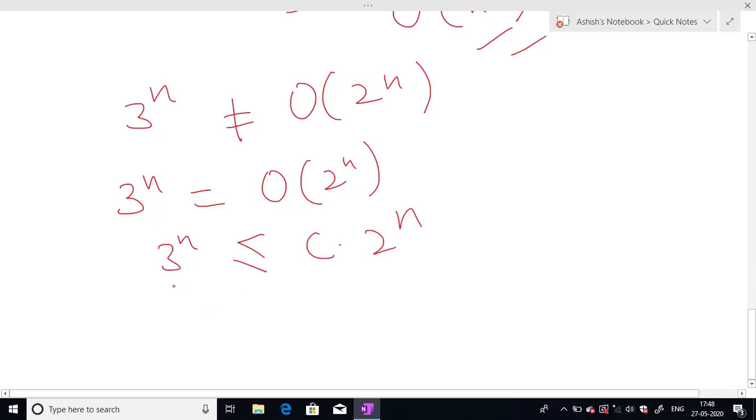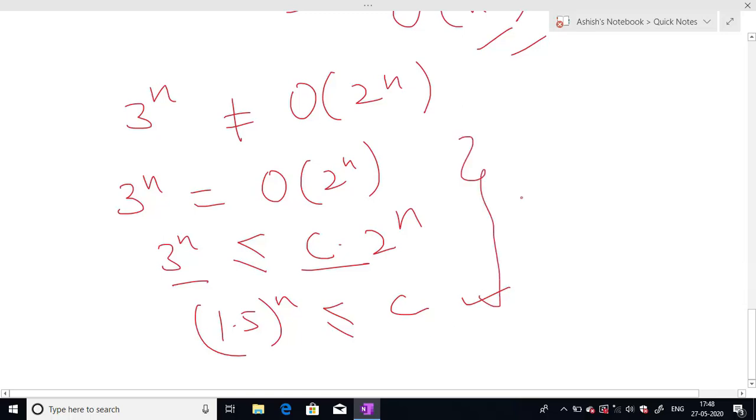Dividing both sides by 2 raised to power n, we get 1.5 raised to power n should be less than or equal to c, which is a contradiction because we have already said that c is a constant, so it cannot depend on the value of n. So our supposition is wrong and we can say that 3 raised to power n is not big O of 2 raised to power n.